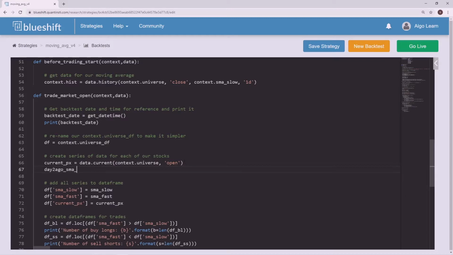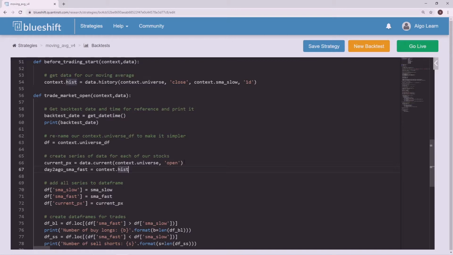SMA slow equals, okay, so this is going to be context.hist. So remember the slow. Actually, you know what? Sorry to do this to you guys, let's just go fast. So this is our 5-day, our 5-day moving average from 2 days ago. Here's what we're going to need to do.